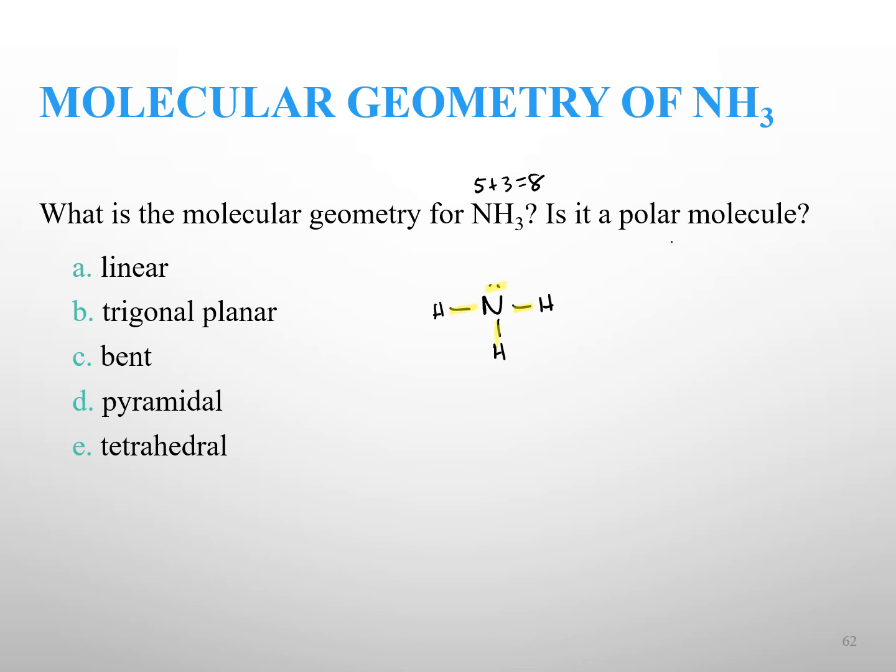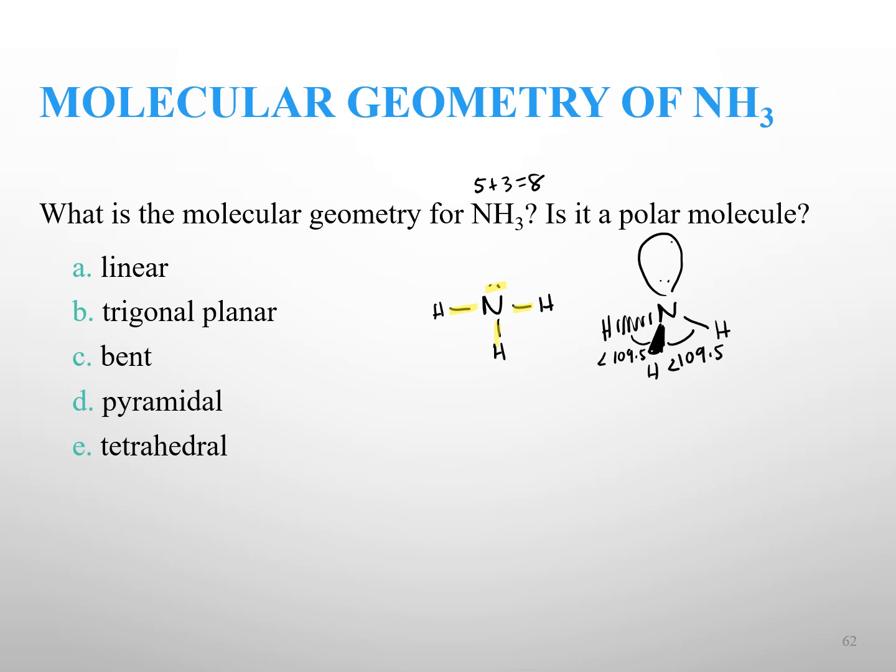So the base shape here will be tetrahedral. So let me redraw in a tetrahedral form. So if you have N and a big lone pair here, 1 H this way, 1 H sticking out, 1 H going backwards in the screen. Okay, and our bond angles here are slightly less than 109.5. Same here.